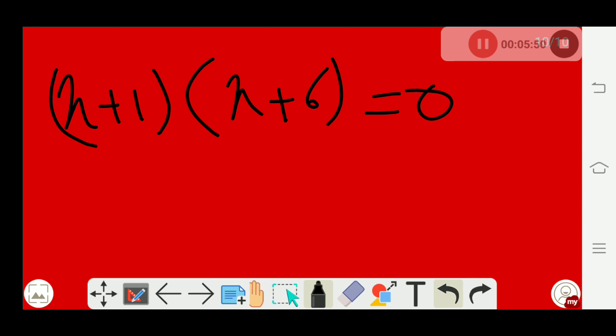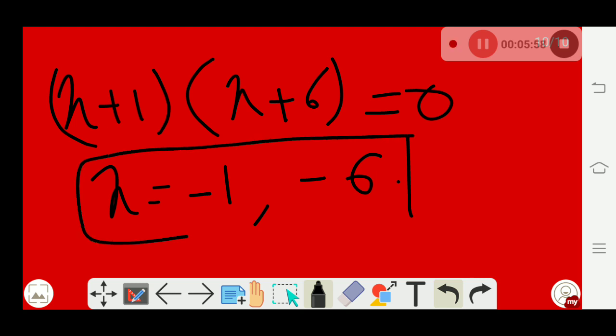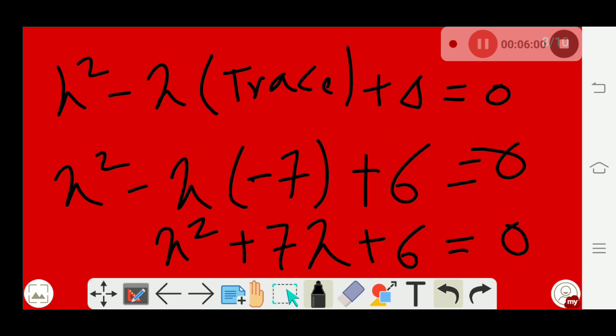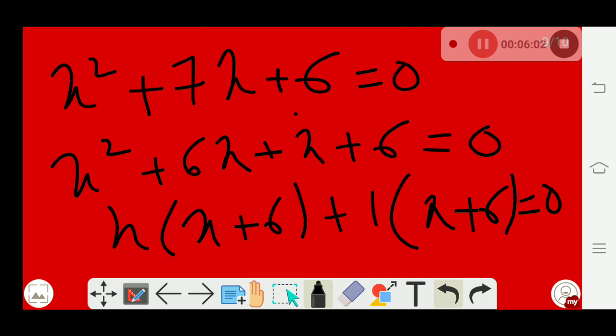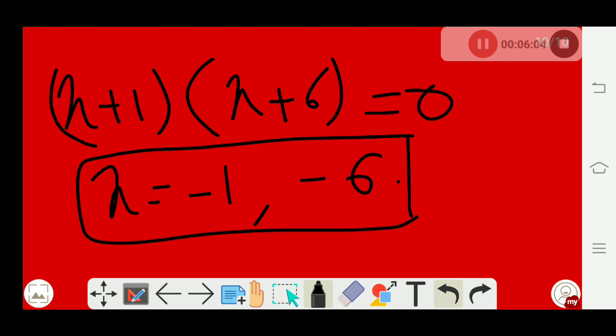So now lambda is equal to minus 1 and lambda is equal to minus 6. These are the two values of this characteristic equation. Okay, good. So this is how we find the eigenvalues of a matrix in the 2D case.